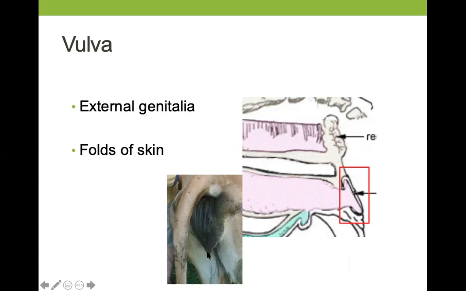And so the vulva is kind of keeping that area closed off, and keeping things out. This is another reason why urine is so important to flushing this all out and trying to keep this area clean. So the purpose of the vulva is to protect the interior reproductive structures from infection. Main purpose there.